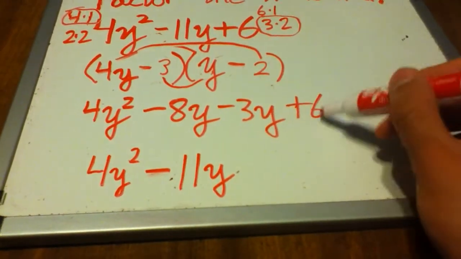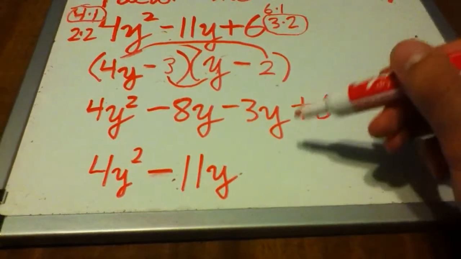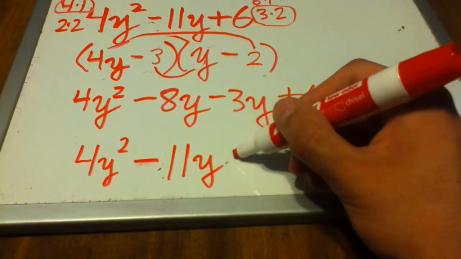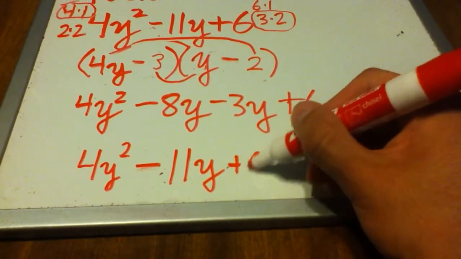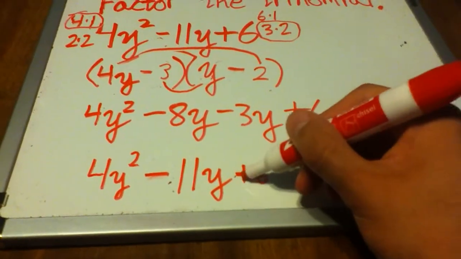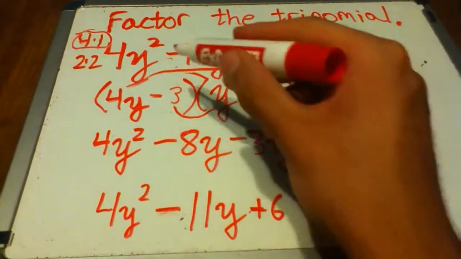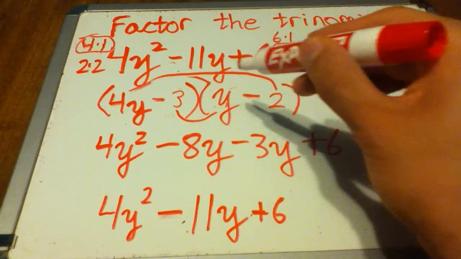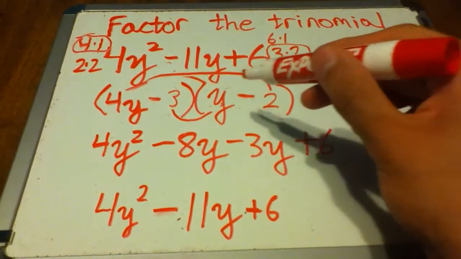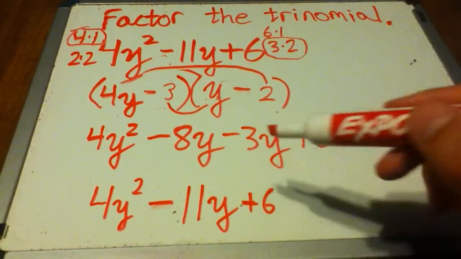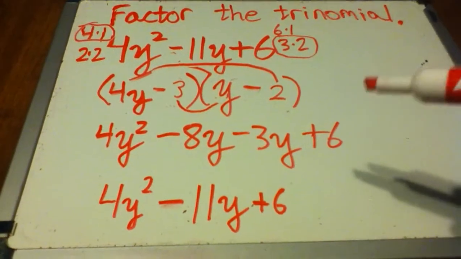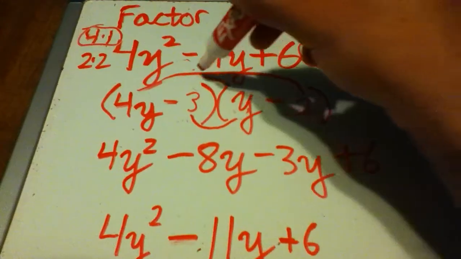And then there are no other constants or numbers, so I just rewrite that as plus 6. And let's check if it's the same thing. 4y squared minus 11y plus 6. So it is the same. So what does that mean? That means we factored correctly, and we can't factor this anymore.